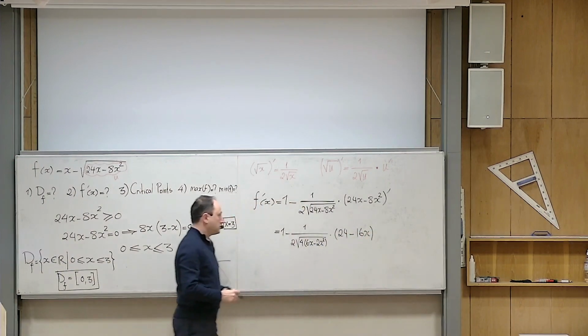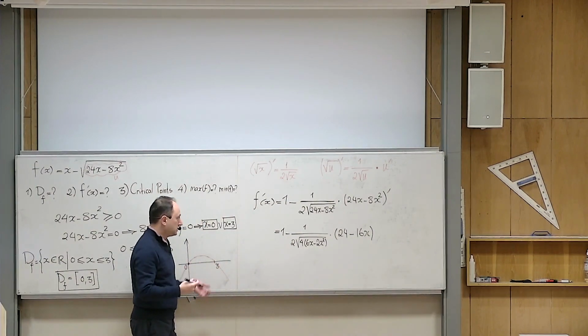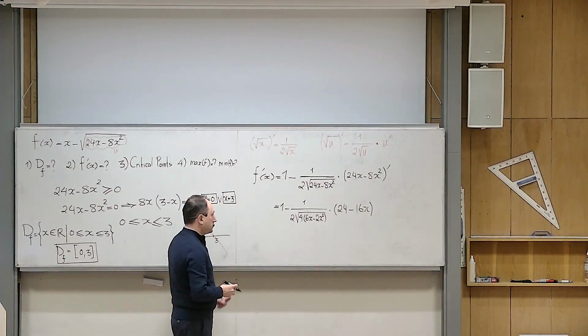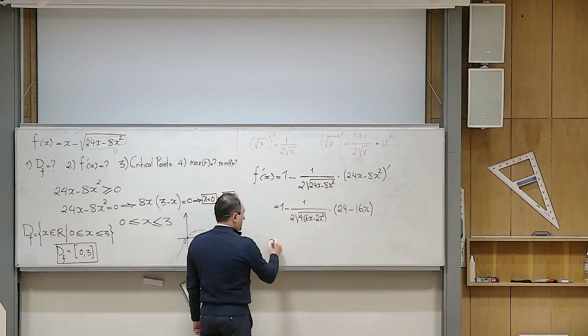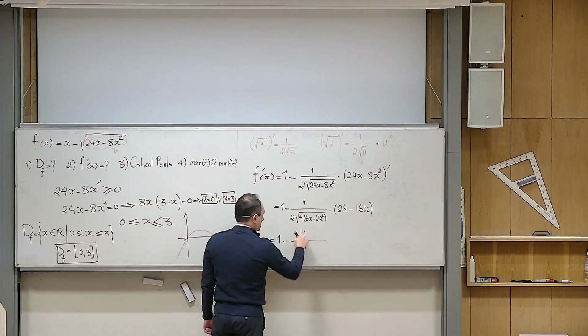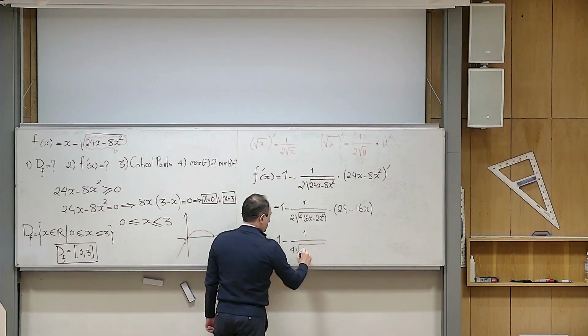Of course, differentiation is finished. You can actually introduce this as your derivative, but I always have the tendency to simplify the expression if possible. So what I do, I would say that minus 1 over, this becomes 2, and then this becomes 4, square root of 6x minus 2x squared.